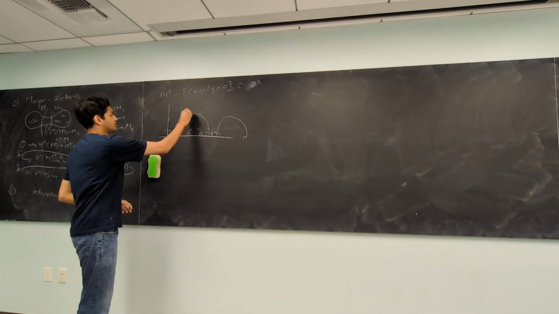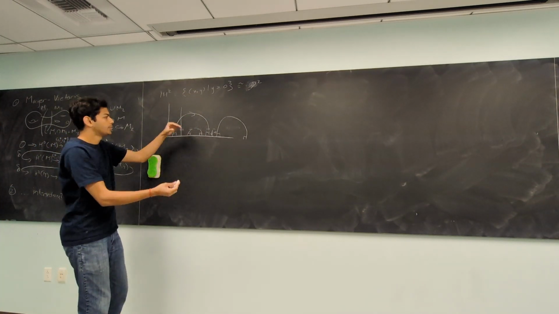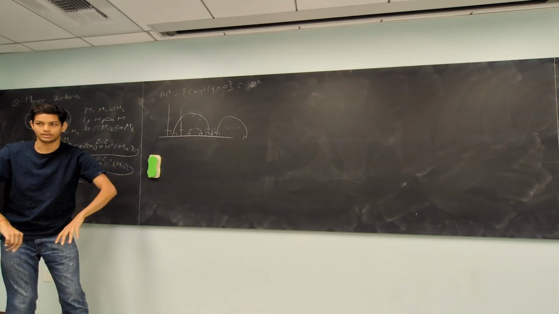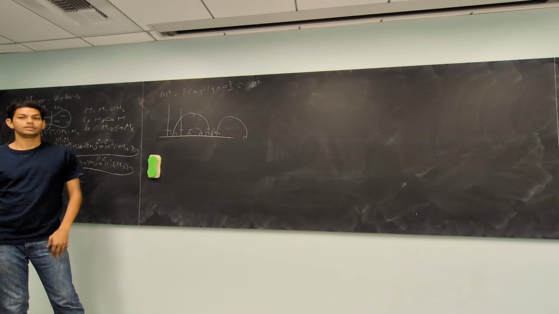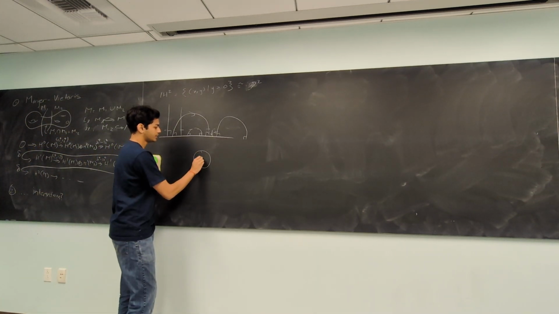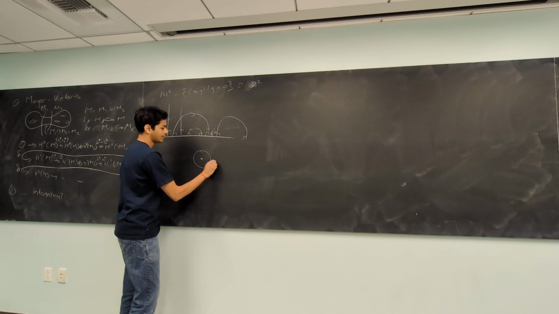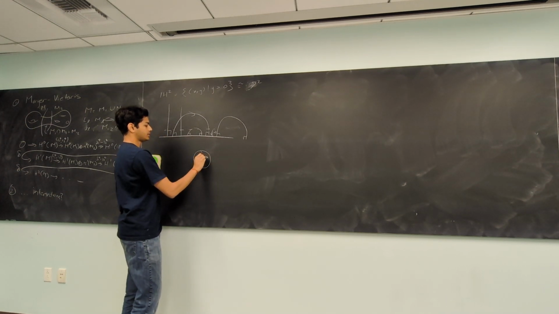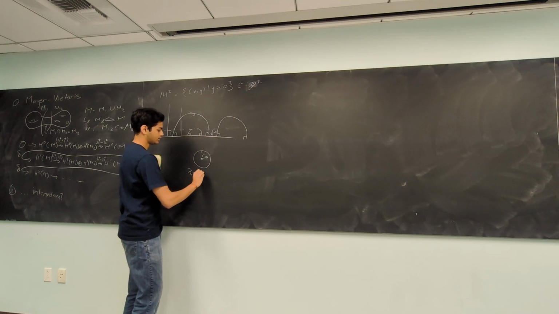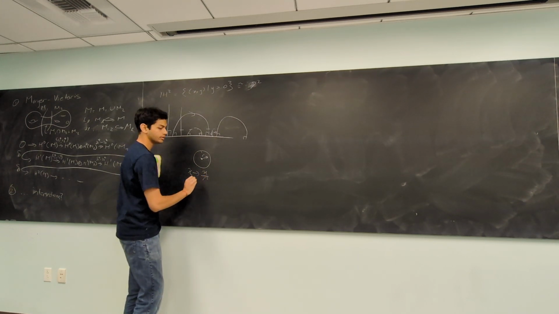So if you want to reflect across this line, everything on the inside is going to go on the outside, and everything on the outside is going to come to the inside. There's an operation that does this, and it's called circle inversion. So you have a circle, and if you have some point over here, let's call this distance r, then x gets sent to x over r squared.